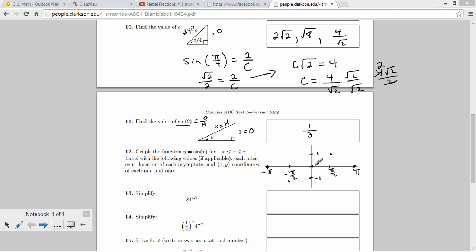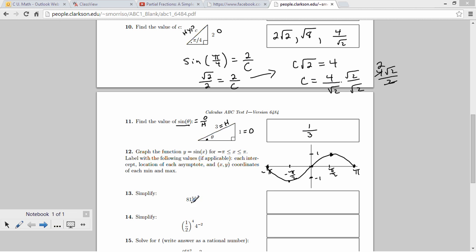So you identify your highs and your lows, and then it's just a matter of smoothly trying to connect those high and low points and the midpoints as best you can. By scaling your graph, you have identified coordinates of minimums and maximums that they asked for right here. The pi over 2, 1 is obviously identified by the scale, and likewise with the negative pi over 2, negative 1, identifying a minimum point. So that's really all that's required there.